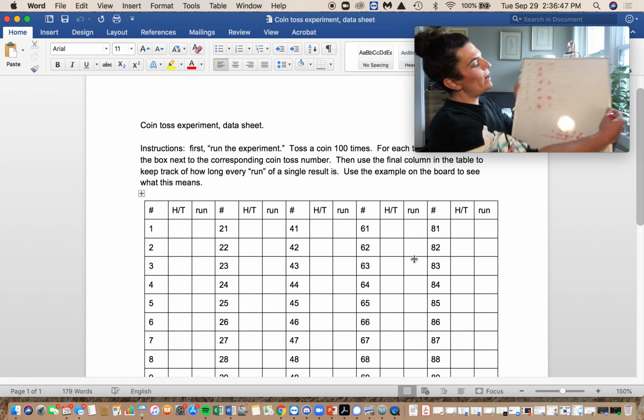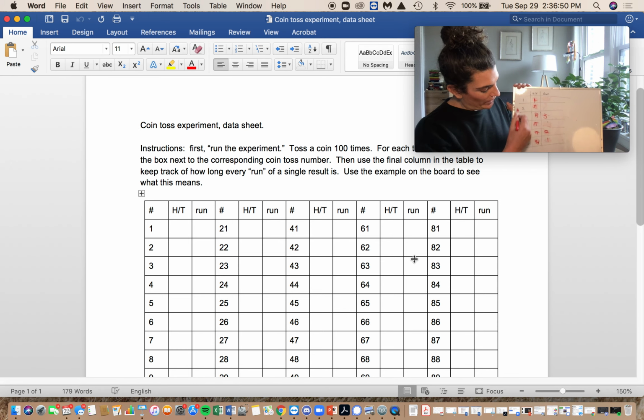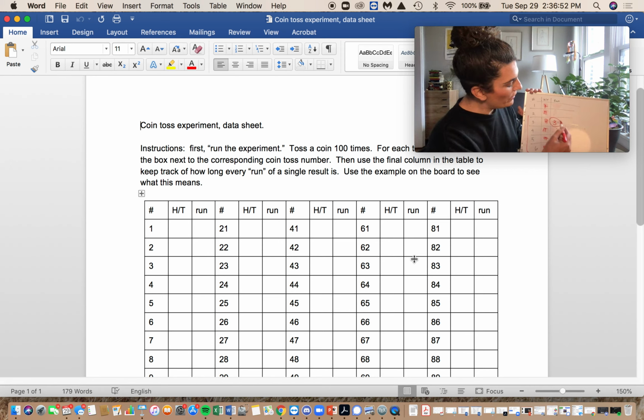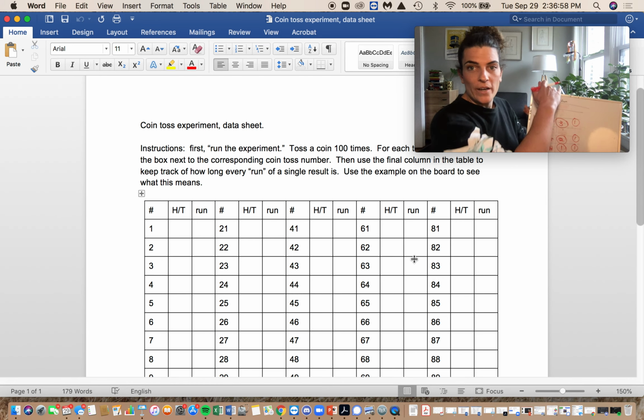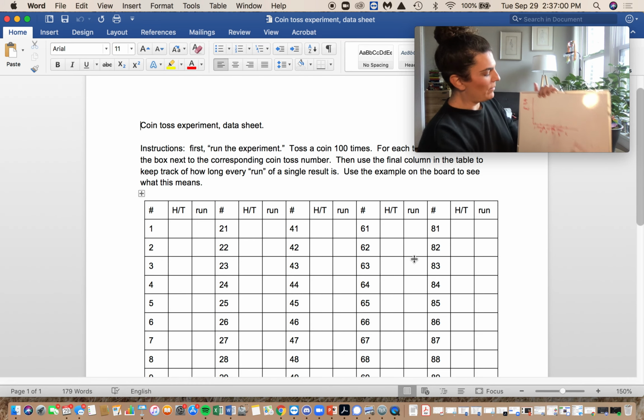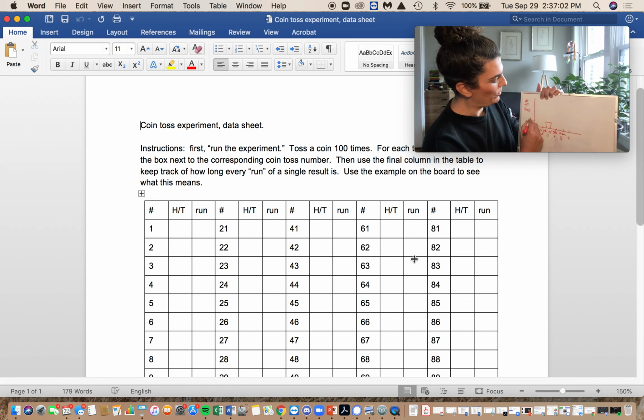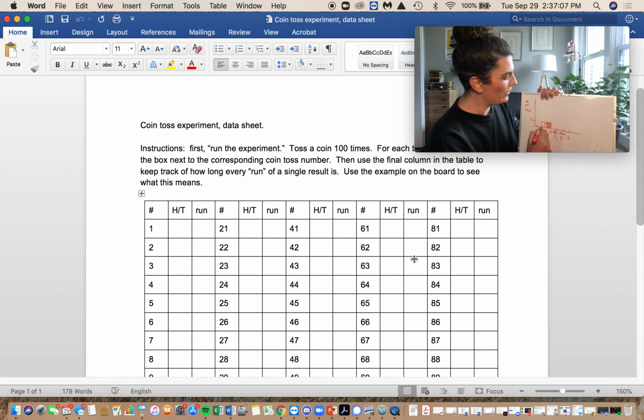So if I'm just looking at my example here of 6 flips, I had 1 run of 3, I had 1 run of 2, and I had 1 run of 1. So that means I had 1 run of 3, so I put 1 here, and I put a bar for 1 run of 3. I had 1 run of 2, and I had 1 run of 1.